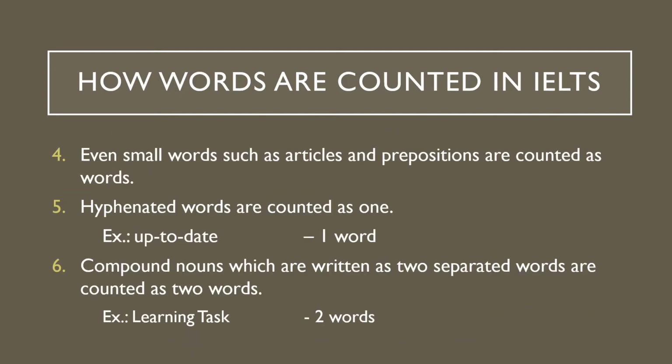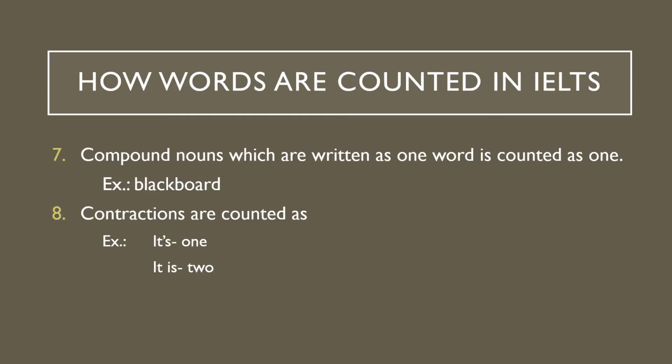Fourth, even small words such as articles and prepositions are counted as words. Number 5, hyphenated words are counted as one, like the word up-to-date, while compound nouns, which are written separately, are counted as 2. However, if the compound word is written as 1, based on its proper spelling, it is counted as 1.